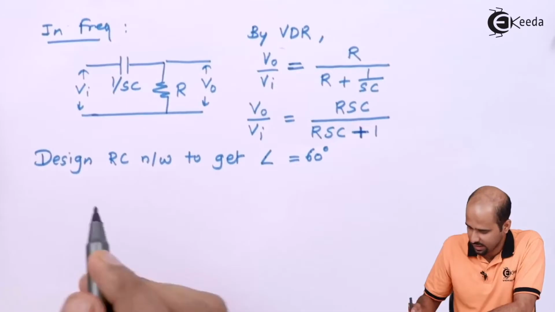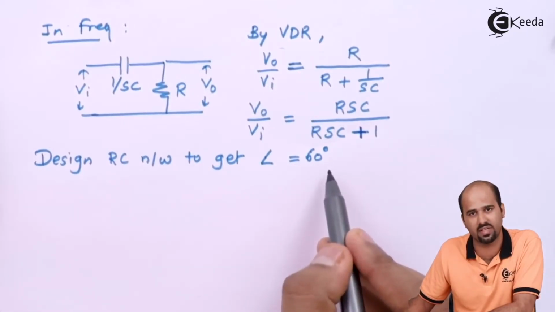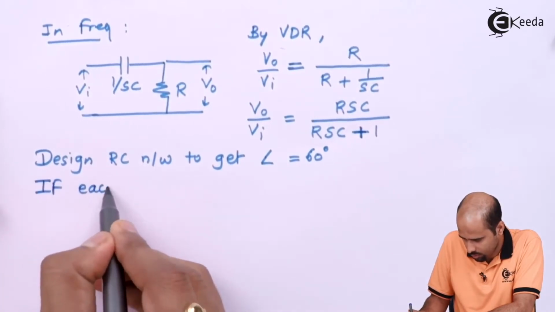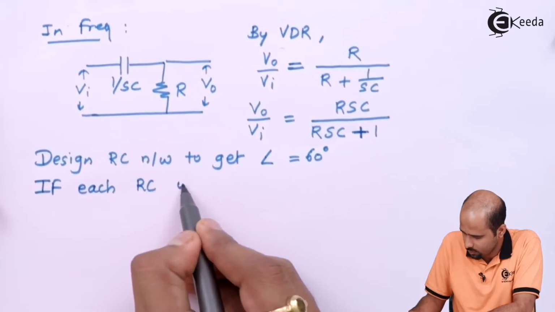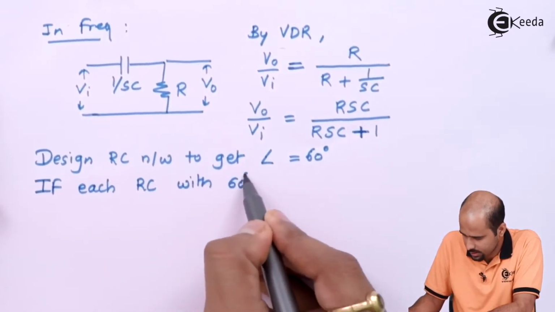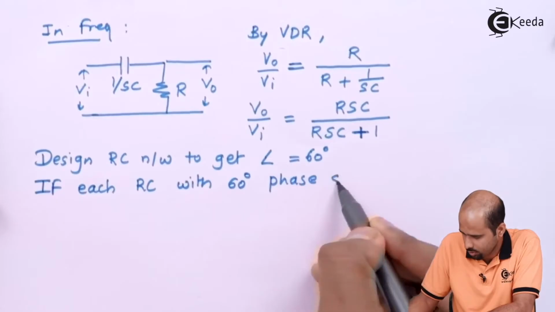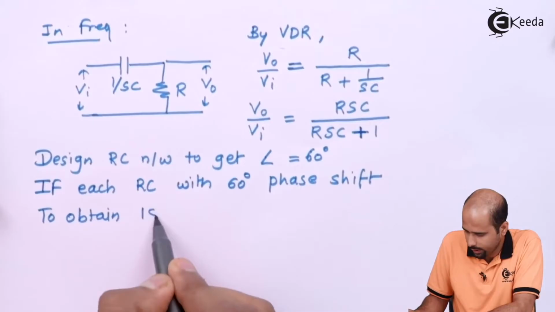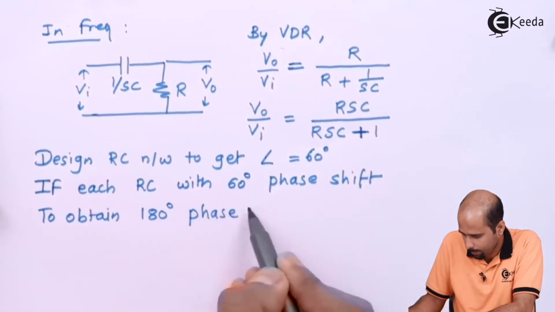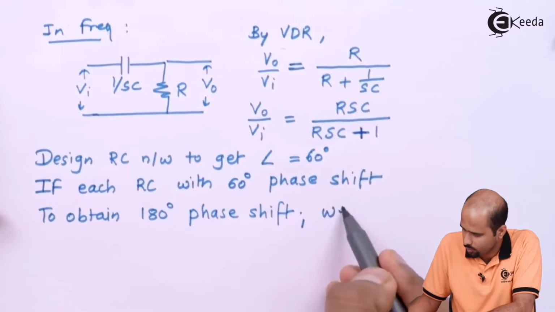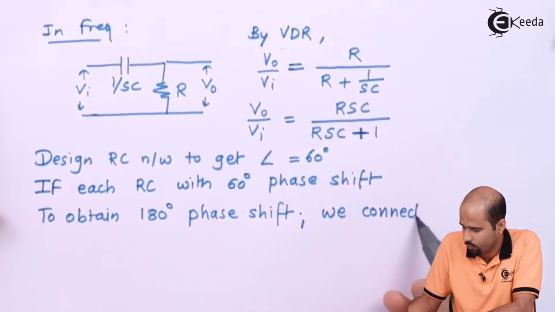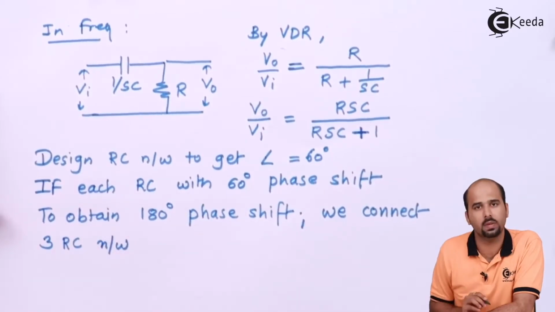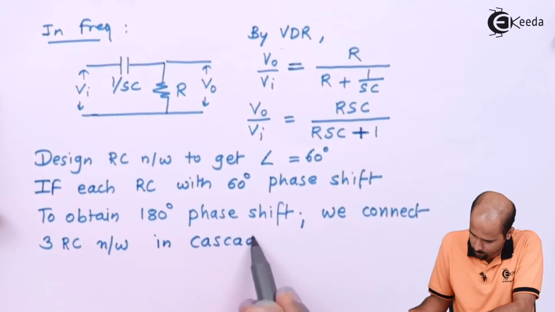So I have got that if each RC network is giving 60 degrees phase shift, then to obtain 180 degree phase shift, we connect 3 RC networks in cascade, right?